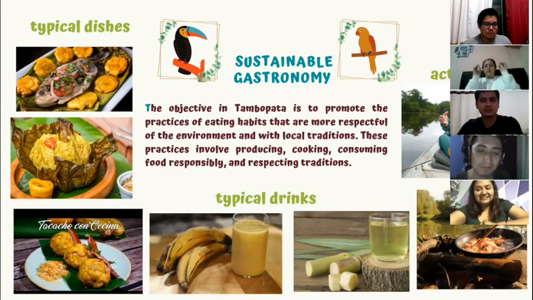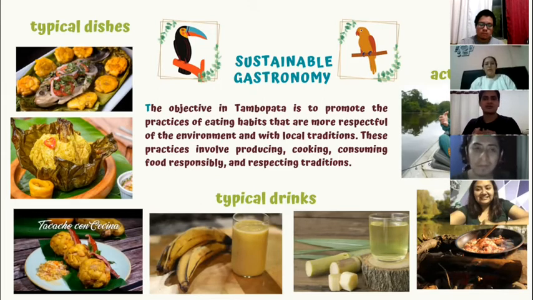For example, this practice involves producing, cooking, and consuming food responsibly, respecting tradition. Gastronomy is a very important way to think about typical dishes, for example the patarashca, juane, tacacho, or cecina.